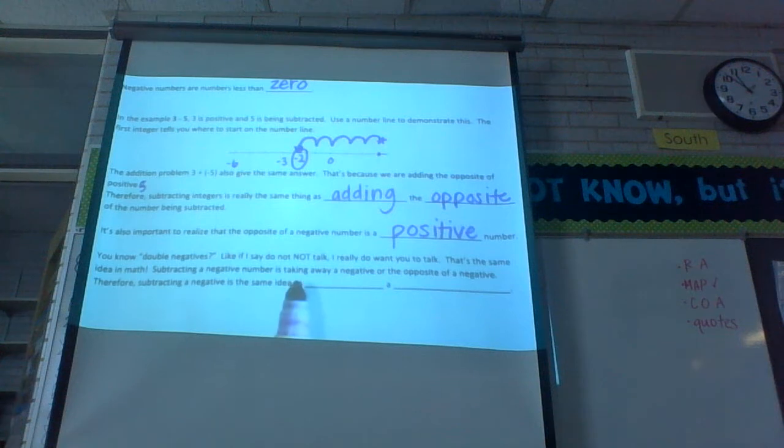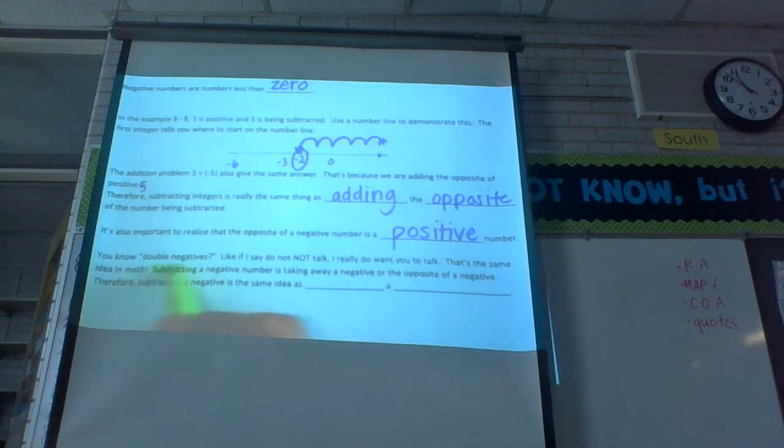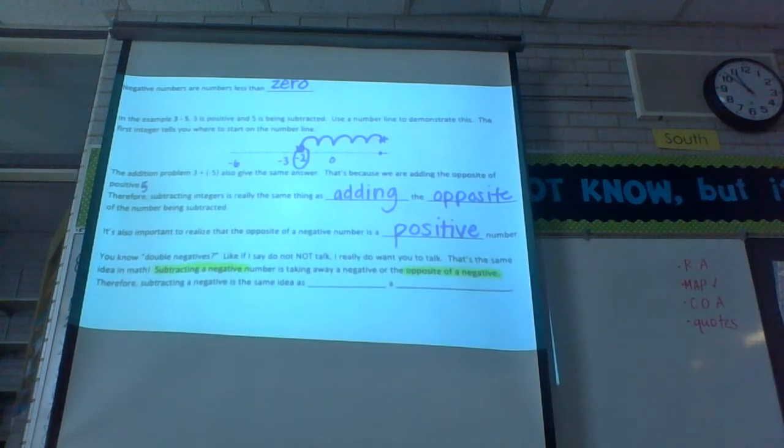Subtracting a negative number is taking away a negative, or the opposite of a negative. I think this is really important. I'm going to highlight it. Subtracting a negative is the same as the opposite of a negative.